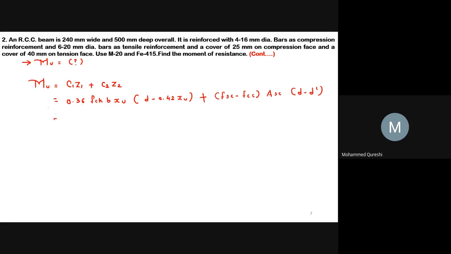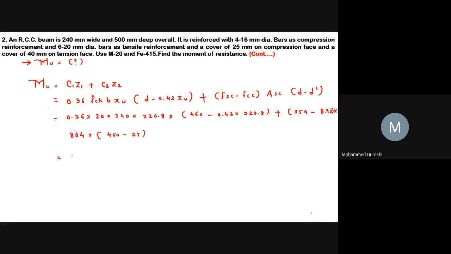So inputting all the values, 0.36 into fck, which is given as 20, width is given as 240, and xu we had calculated in the previous slide as 220.8, into the value of d we had obtained as 460 minus 0.42 into xu, which is 220.8, plus fsc we had obtained earlier as 354 and fcc as 8.92 multiplied by Asc 804, into d 460 minus d dash, the cover for compression reinforcement, 25.